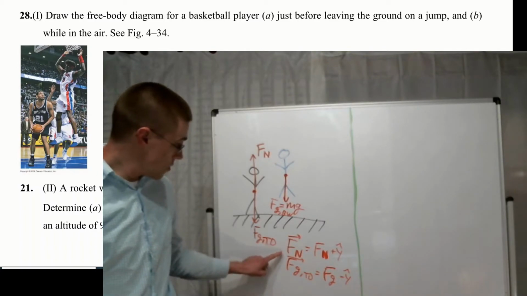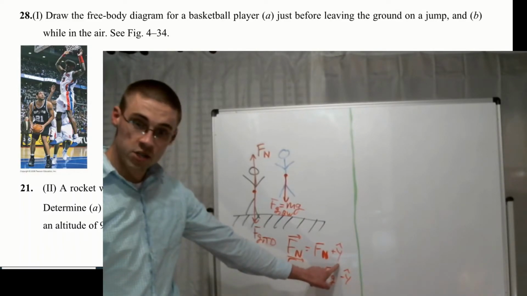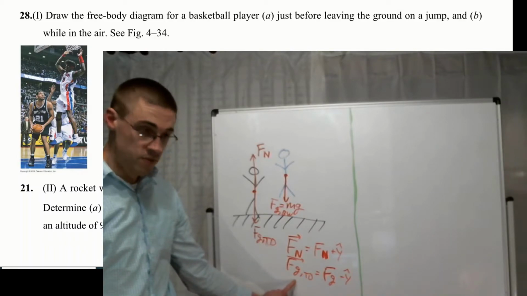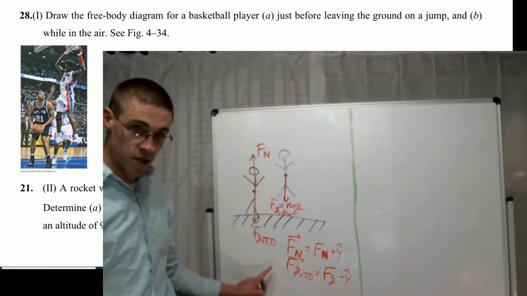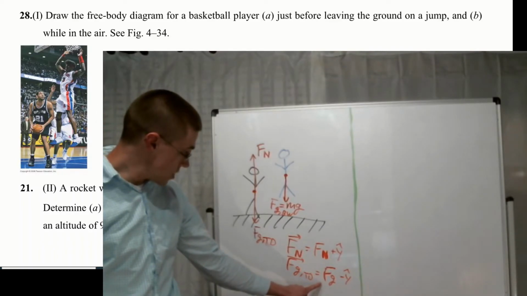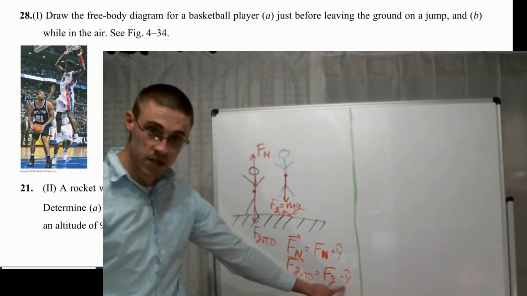Well, the normal force is pushing up, right? So I could write the vector as its magnitude in the plus y direction, and the gravitational force here on Tim Duncan, the one who's standing on the ground, I could write as its magnitude times minus y, because it's pointing down.